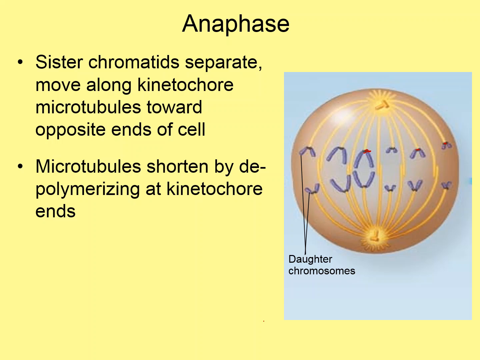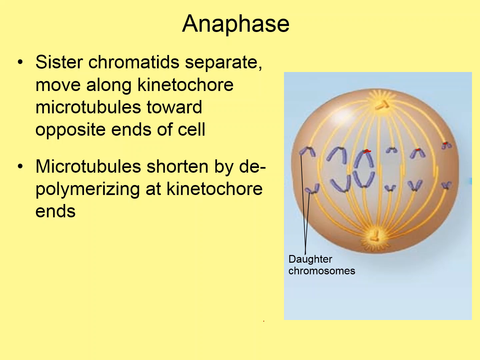They're moving now the separated sister chromatids, which are now fully chromosomes on their own, because they each have a centromere, and we're pulling those sister chromatids apart. And again, the sister chromatids are genetically identical.